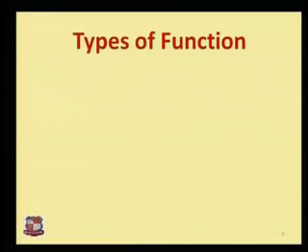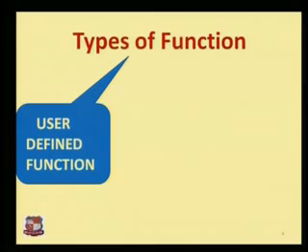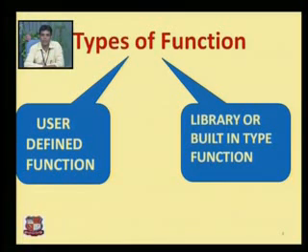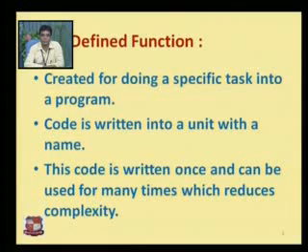Then types of functions. We have two types of function. First is the user defined function, which is defined by the user. The next is library functions, also called built-in or predefined functions. These functions are predefined in the C compiler, so they can be used as part of a library, or we can say as part of a header file.